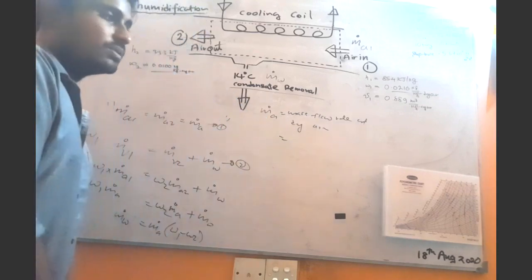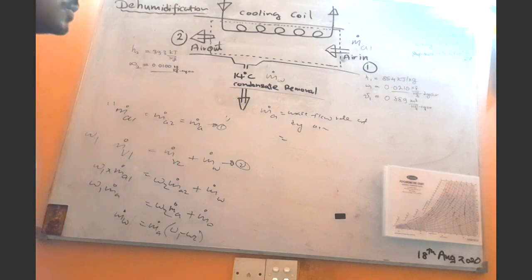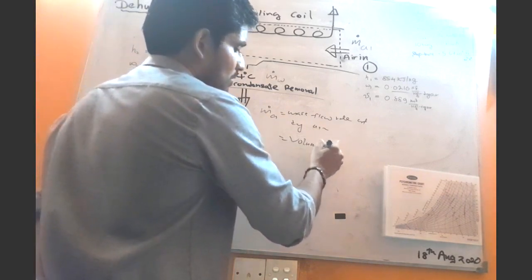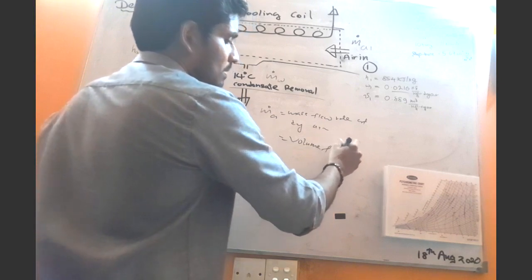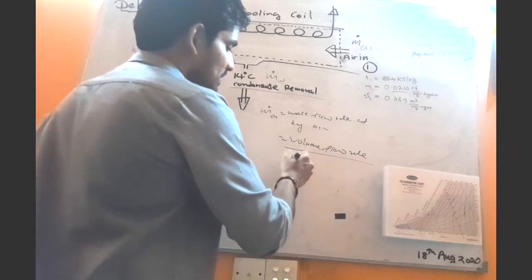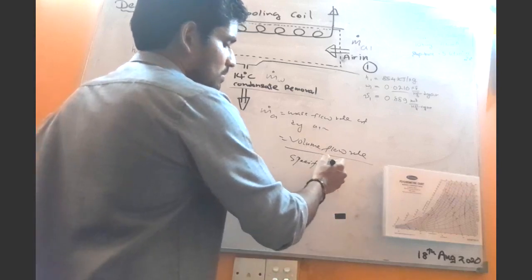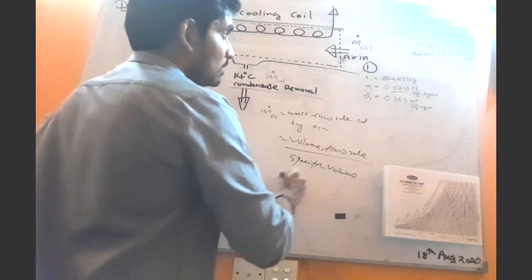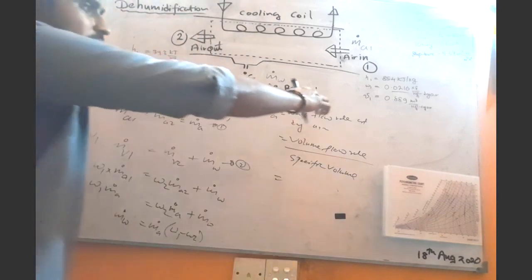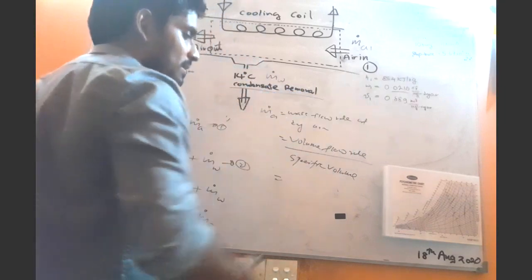How to find that? Because in this problem we know the volume flow rate of air. We divide the volume flow rate by the specific volume. The specific volume we know is 0.889 meter cube per kilogram of dry air.